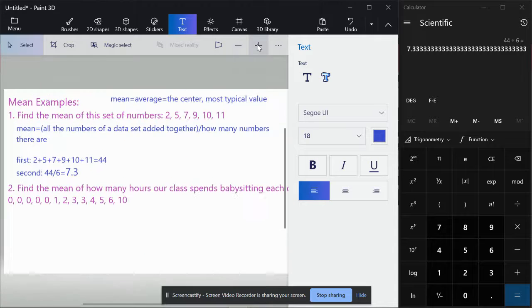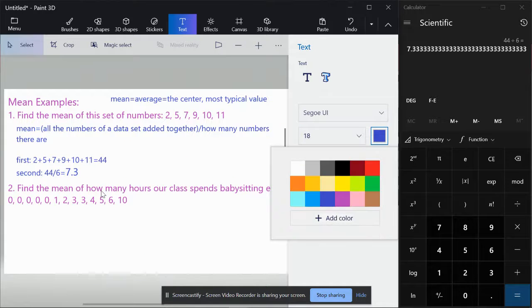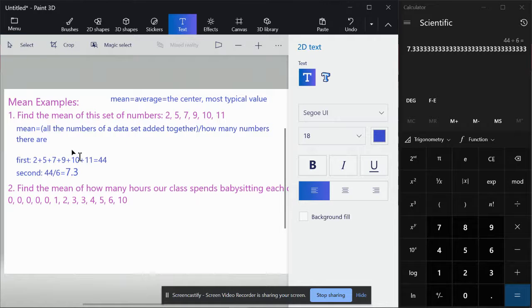So, same thing as we did up here, we first have to add up all the numbers.